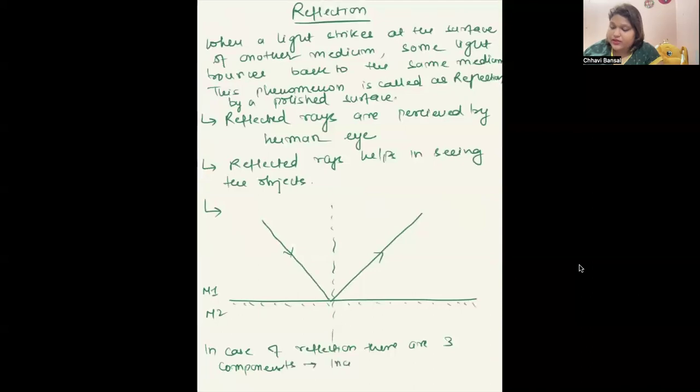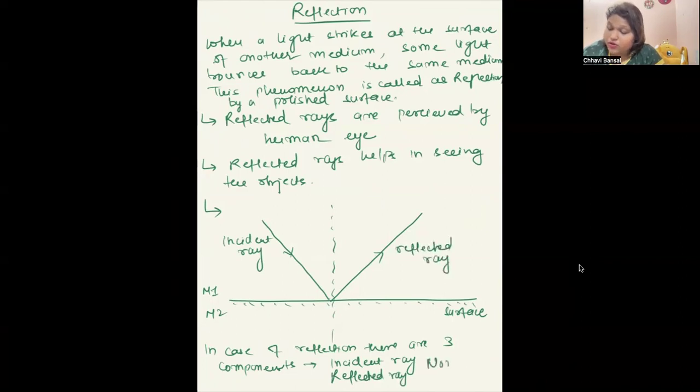Okay. Now, there are 3 components. First is the incident ray. What is the incident ray? This is the incident ray. The arrow shows that the light is coming towards the surface. Okay, this is the surface. Then the reflected ray. This is the reflected ray.